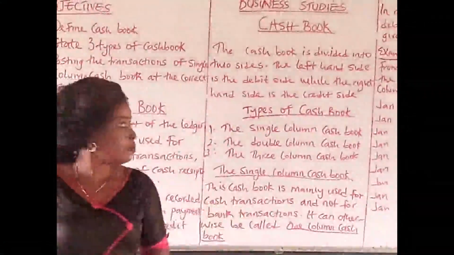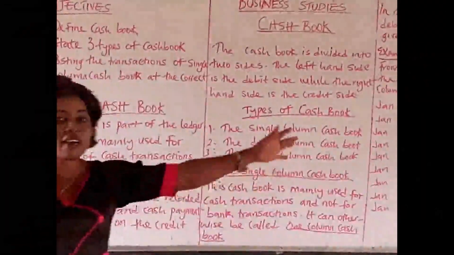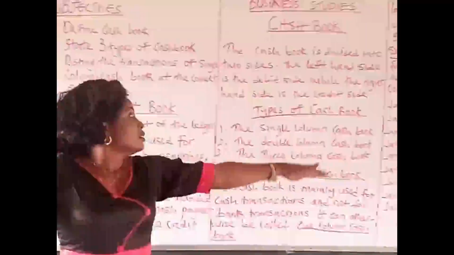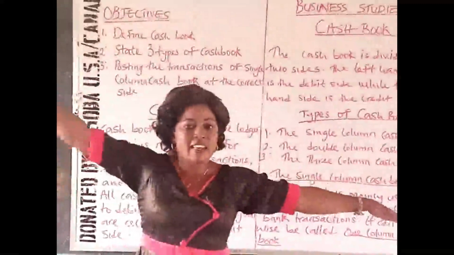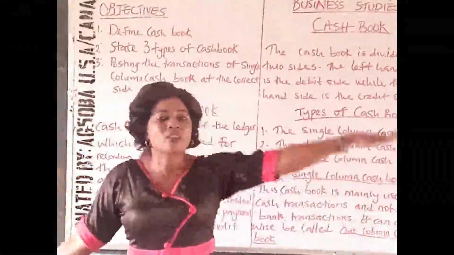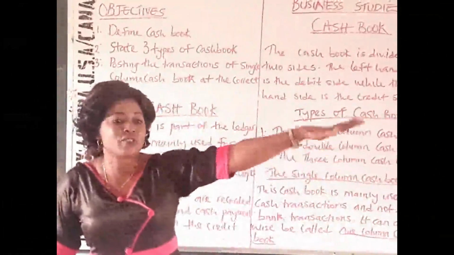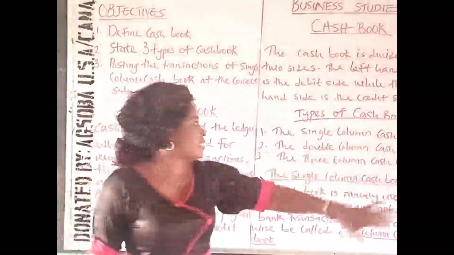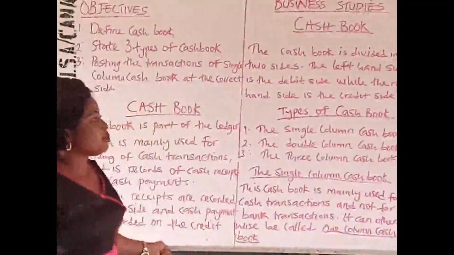My viewers at home, I want you to stretch your hand like this. Your left hand side here is used to record the debit side, while your right hand side here is used to record the credit side.